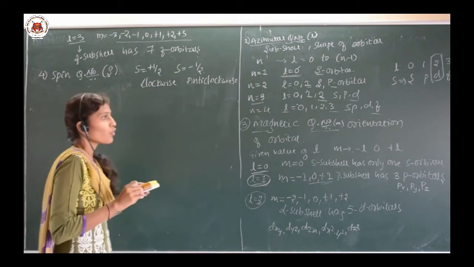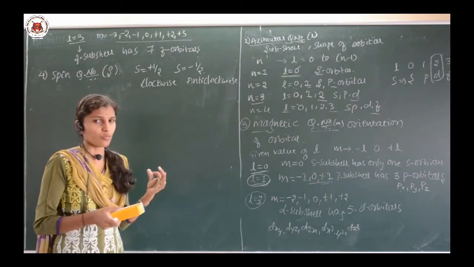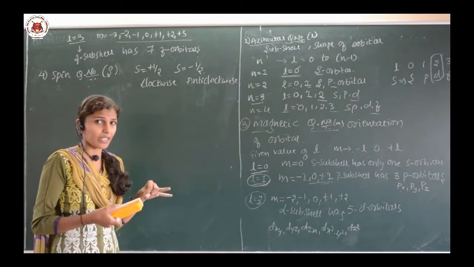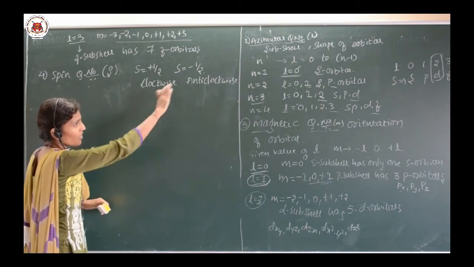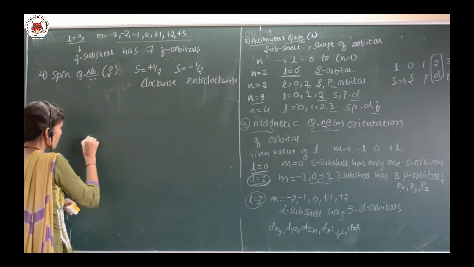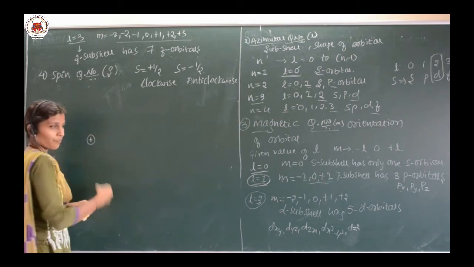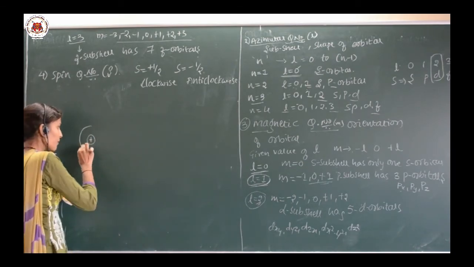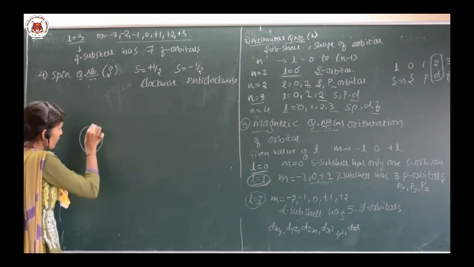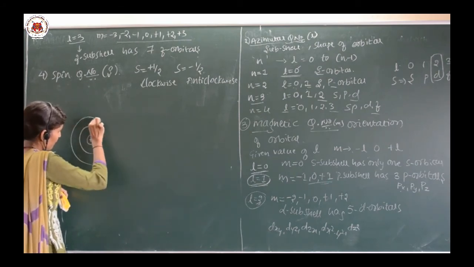Clear? So, principal quantum number, azimuthal or subsidiary quantum number, magnetic quantum number and spin quantum number. Briefly, I will explain all these in one diagram. This is our nucleus, and these are the energy levels.